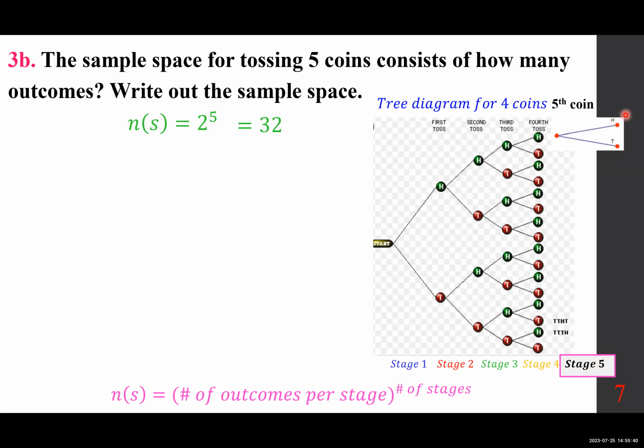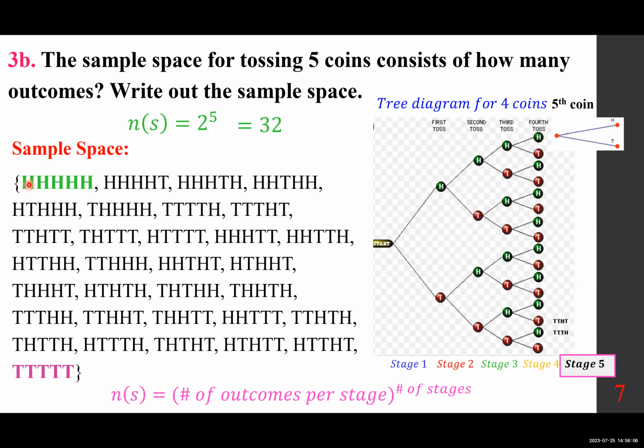So now if you look at the very top branch, you have H. There are 5 of them because there are 5 coins. This one would be H, T. And if I put the last one in, I get T, H, T. So we can write out the sample space.